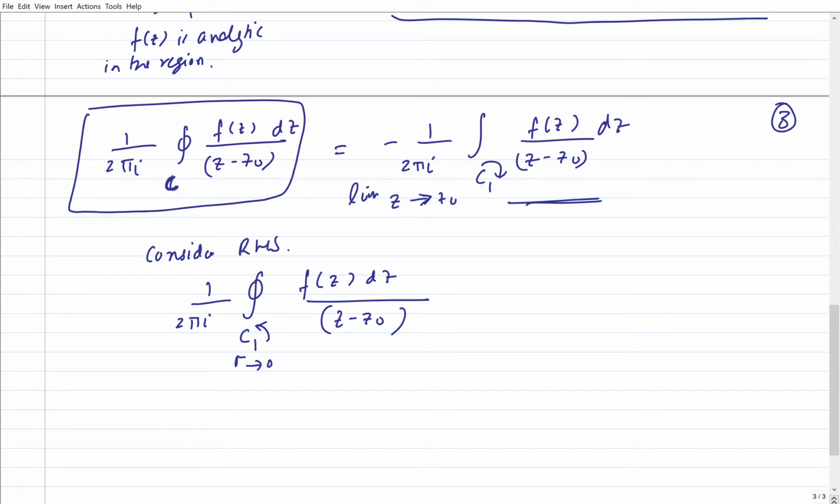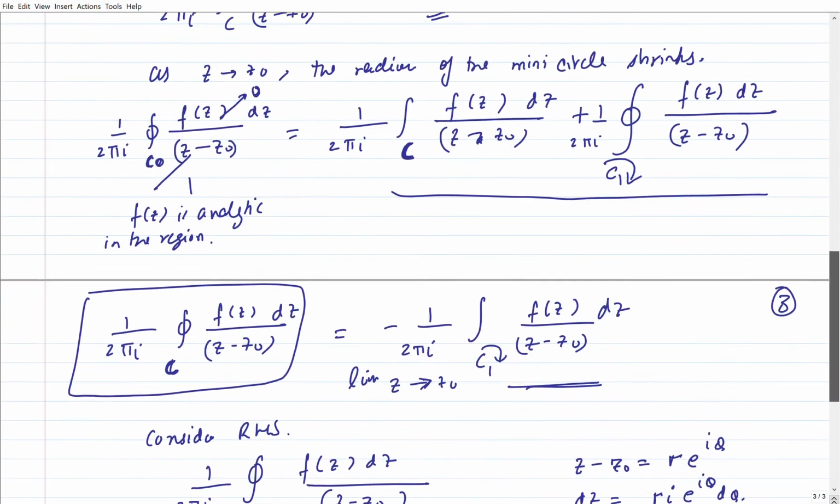So for this, I put z minus z0 in its polar form, and then the differential element is nothing but the derivative of this. Notice as z goes to z0, r goes to 0.